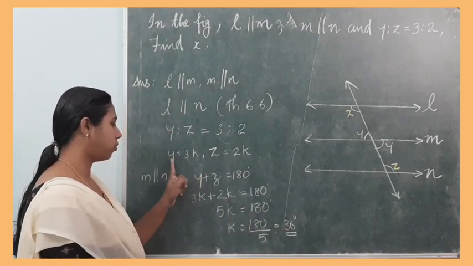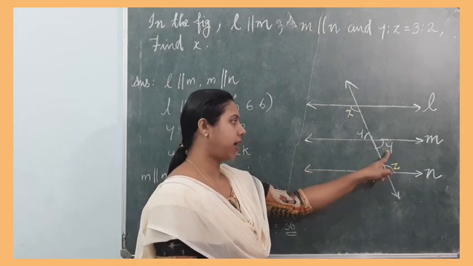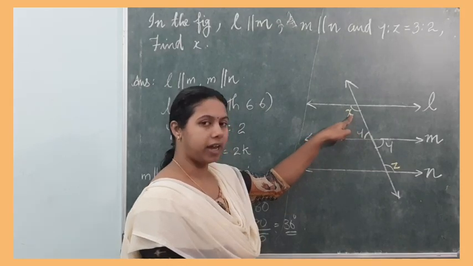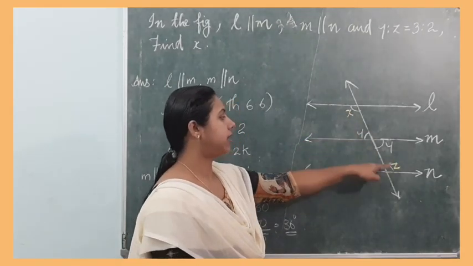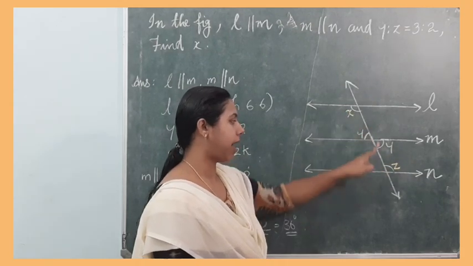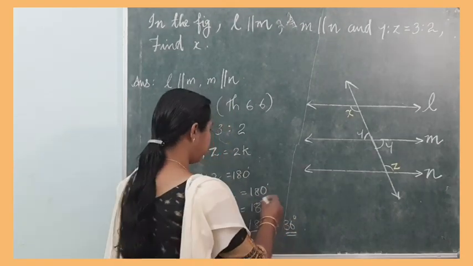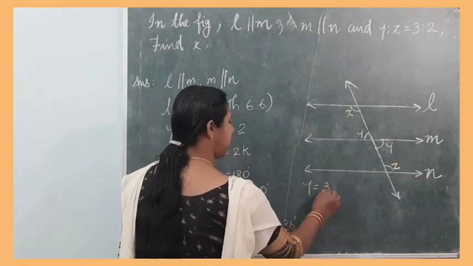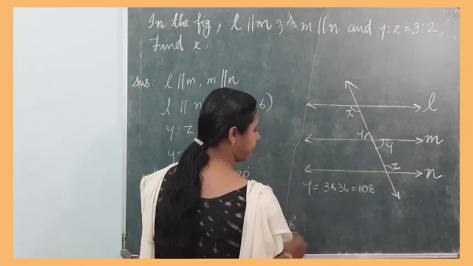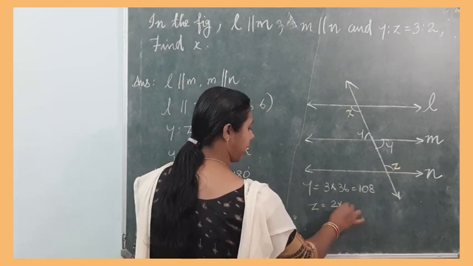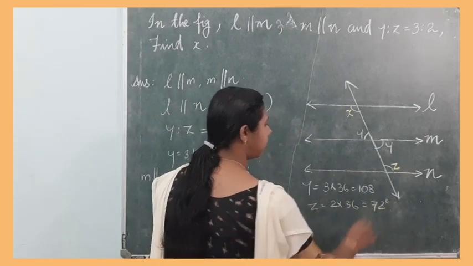So, we are able to find what is y and what is z. If you know the value of y, you can very easily find the value of x. Or if you know the value of z, you can see that x is equal to z because L is parallel to N. Both ways you can find out the value of x. So the value of y is equal to 3 into 36, that is equal to 108 degrees. Z is equal to 2 into k, that is 2 into 36, that is equal to 72 degrees.